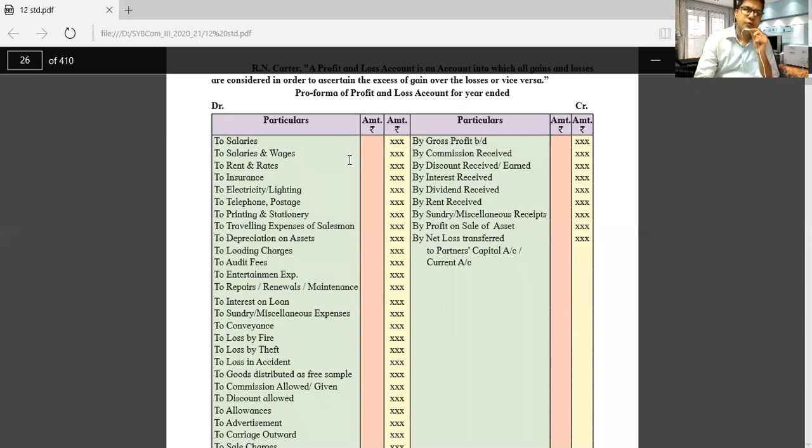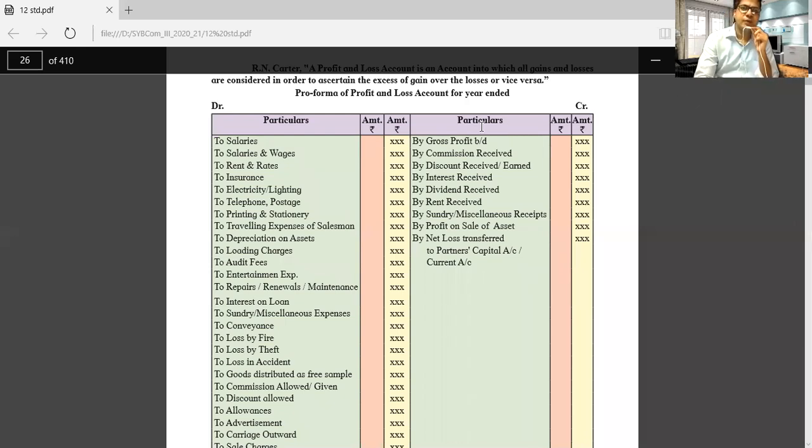Now we have to consider the profit and loss account to find out whether we earn gain over the losses or we suffer losses or not. For that purpose every partnership firm prepares a profit and loss account.